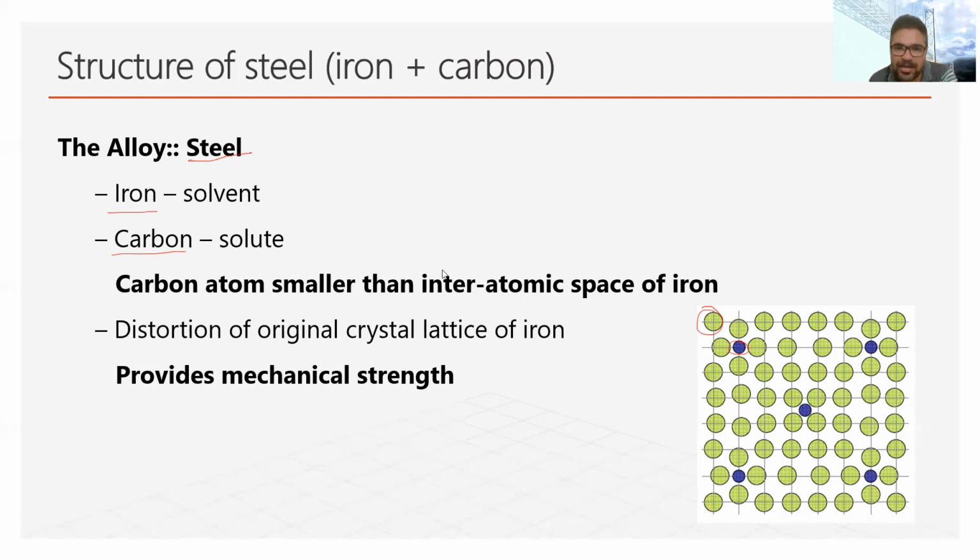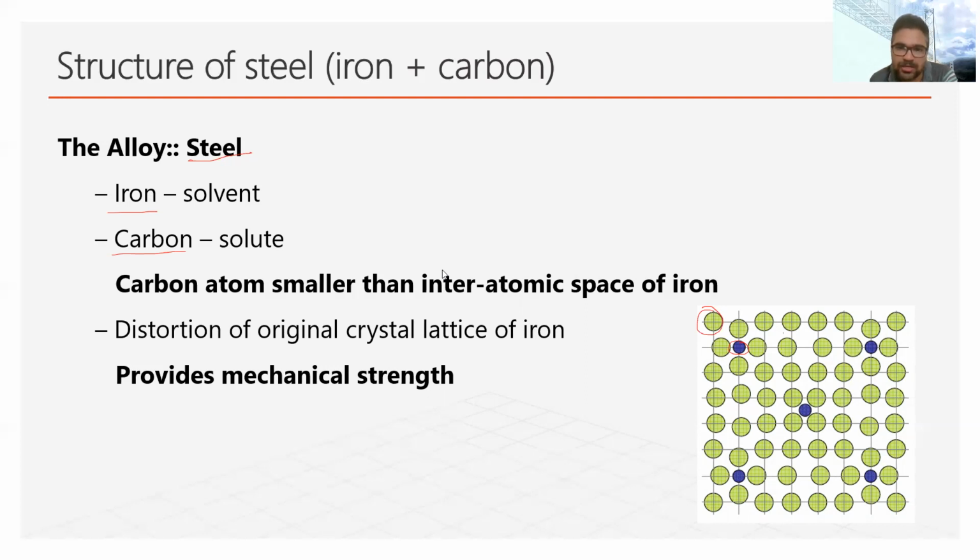When this atom is not present in the structure of steel, the steel is very soft, in the form of ferrite. But once this atom is added, the lattice of steel gets strengthened.